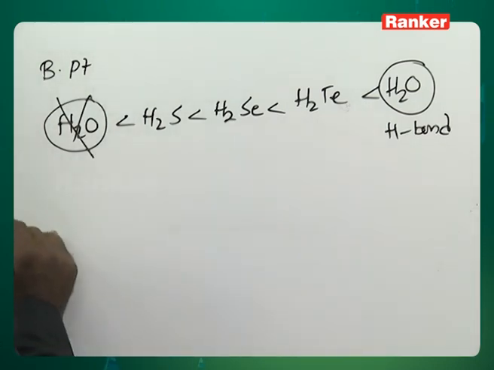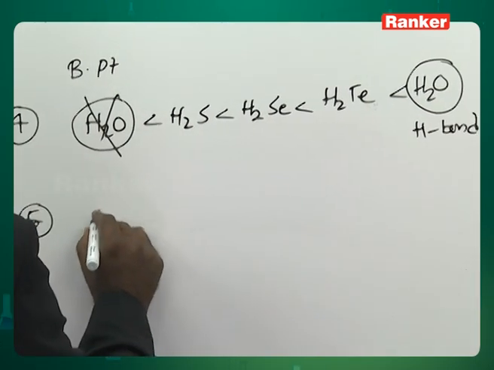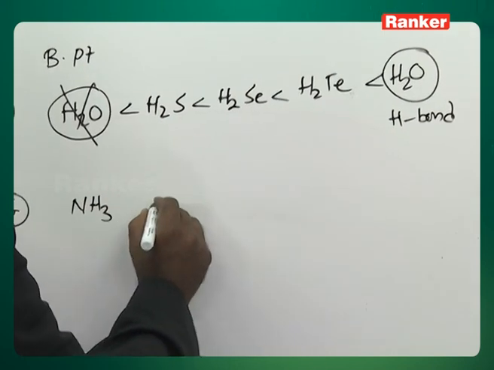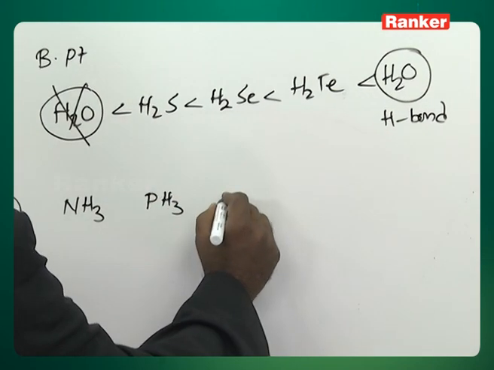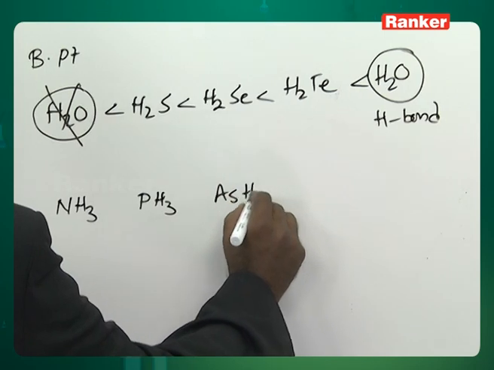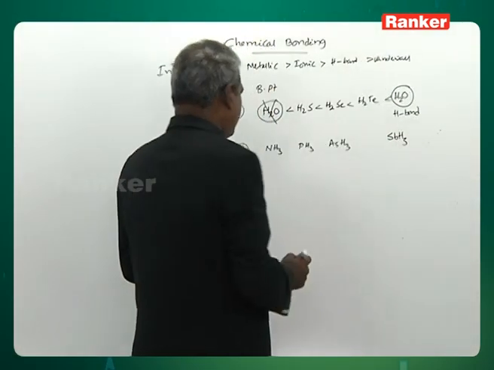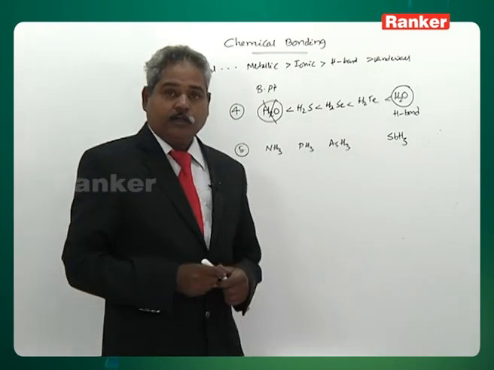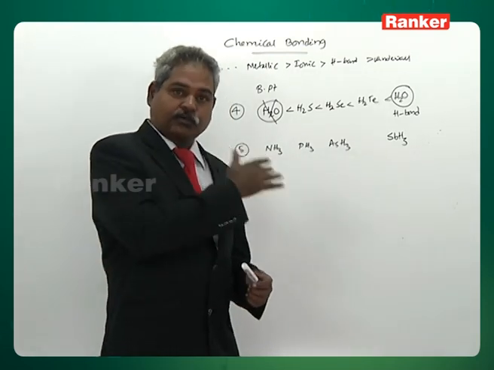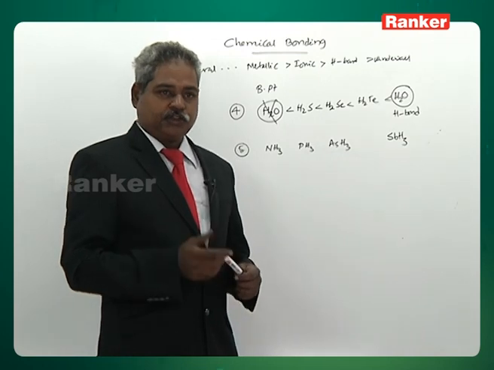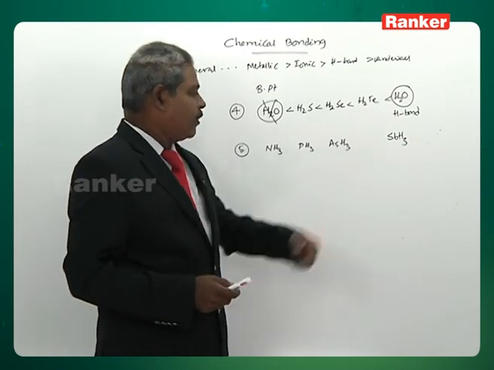5. So, in the group ammonia, NH3, PH3, AsH3, SbH3, if you observe closely, what I am comparing are the boiling points of hydrides of non-metals. A study we have to make in the P block.